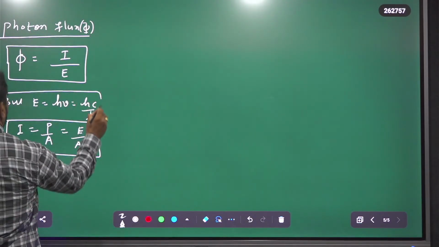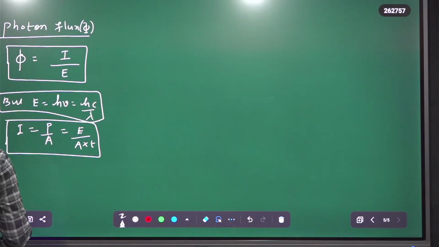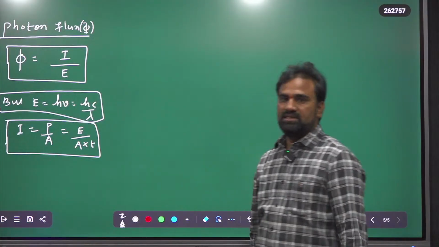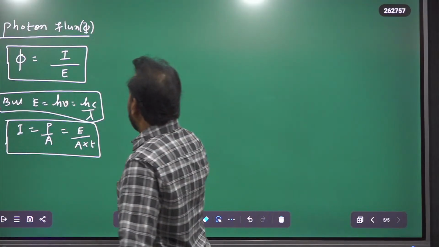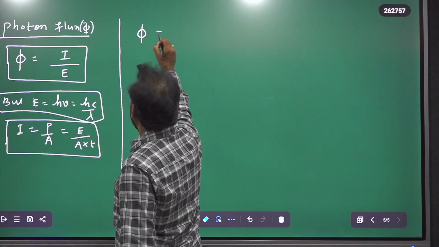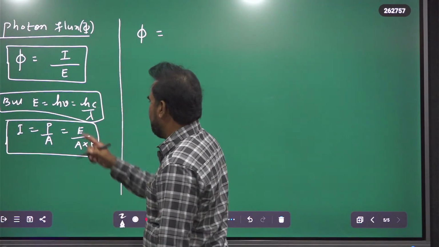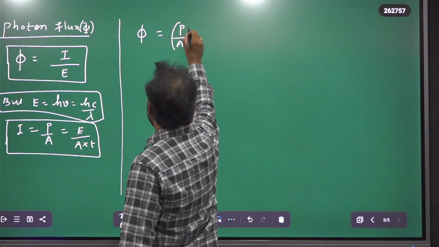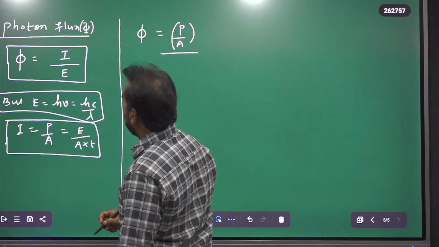Then what you will get in the form of intensity and power. Therefore, phi is equal to, I value is P upon A, whole divided by the E value.